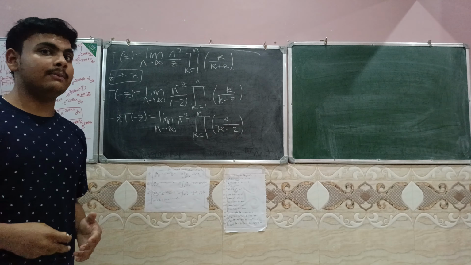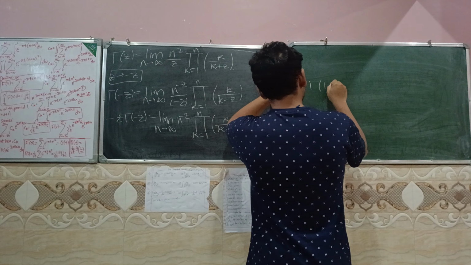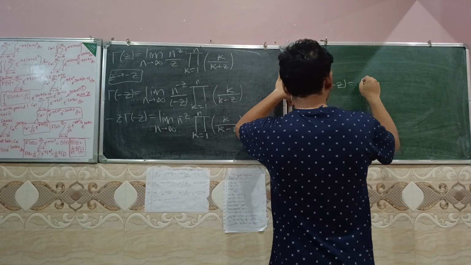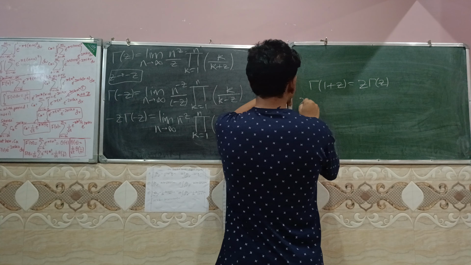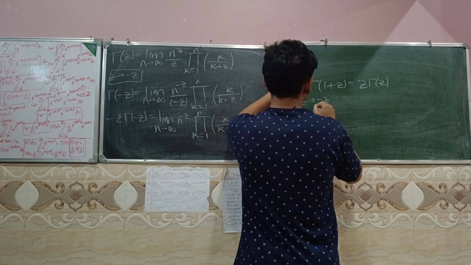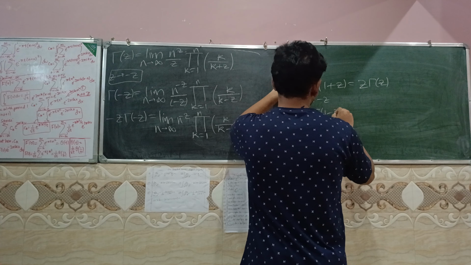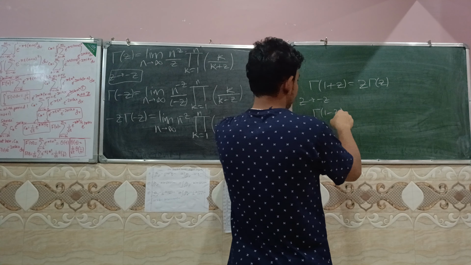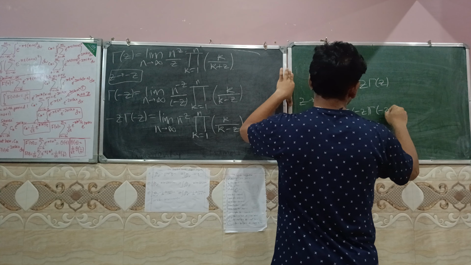We know the recursive formula that gamma of 1 plus z equals z times gamma of z. If we replace z with negative z, that gives us gamma of 1 minus z equals negative z times gamma of negative z.